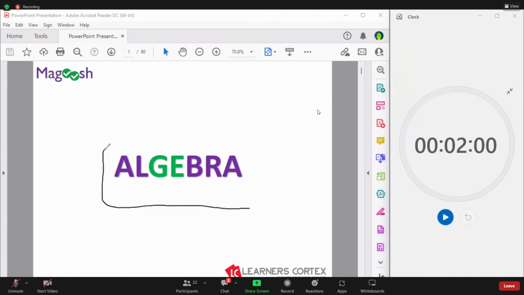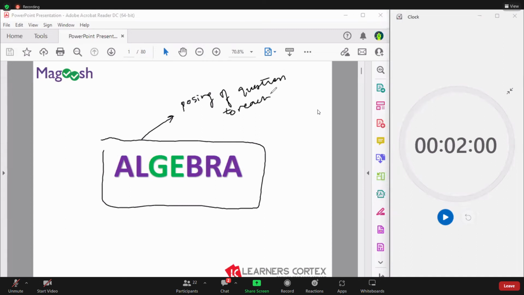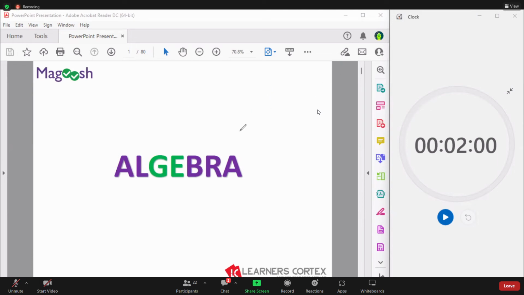So in algebra, the first thing that you have to remember is, first of all, algebra is nothing but posing of a question, posing of a question to reach an answer. This is why we necessarily use algebra. Like, how does algebra help us?